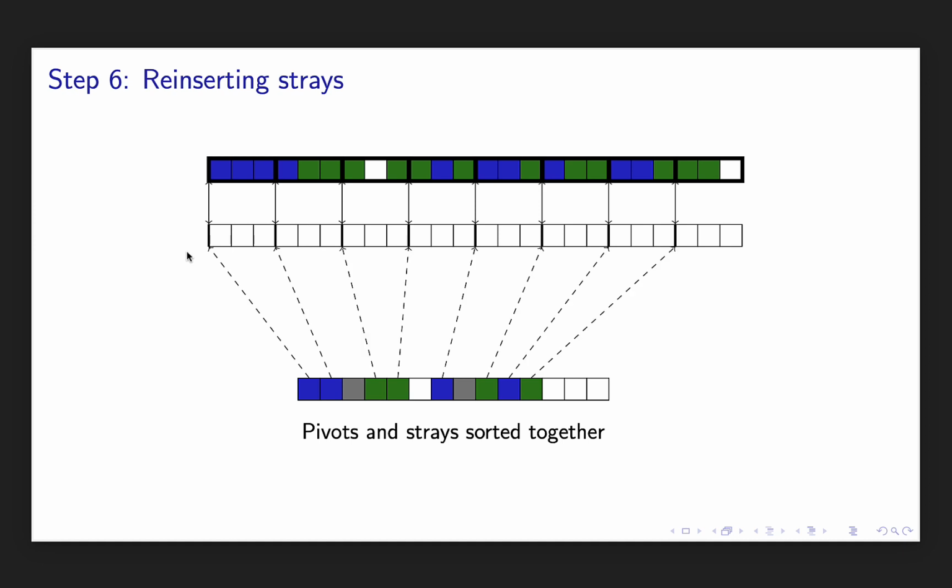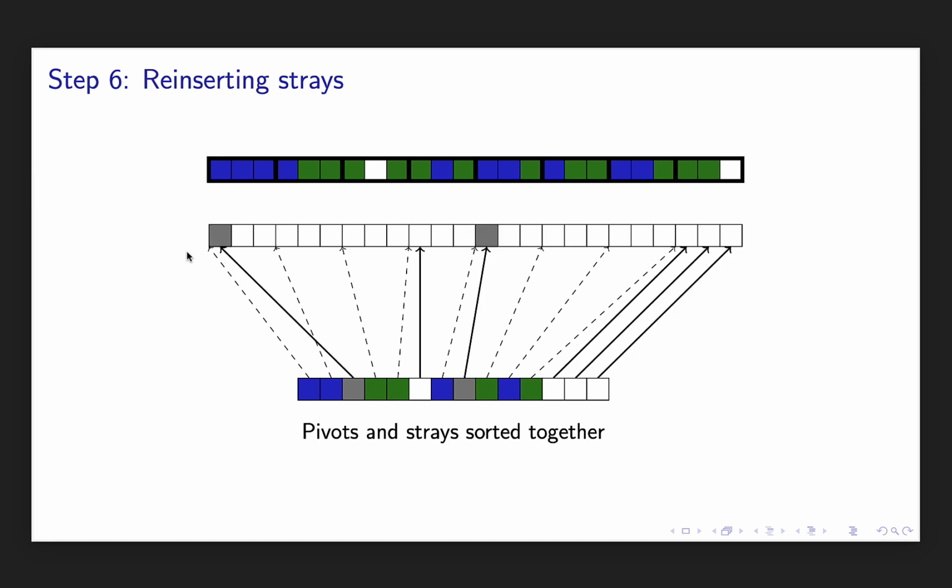Since the pivots and strays are sorted together, we can see this mapping that maps the pivots back to the slots that correspond to that pivot in the full list. Using this mapping, we then map the strays as well as the dummies back into the slots that correspond to the correct pivot.